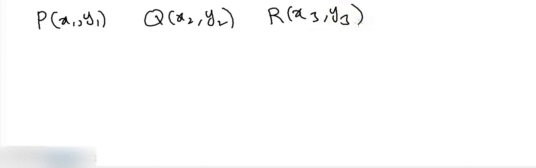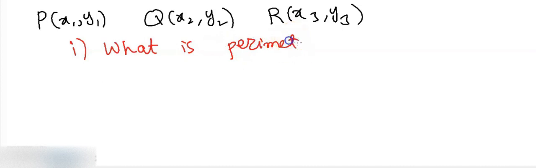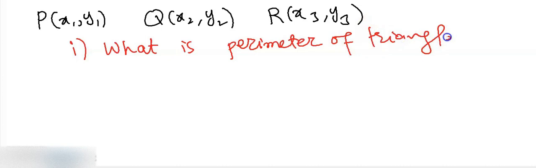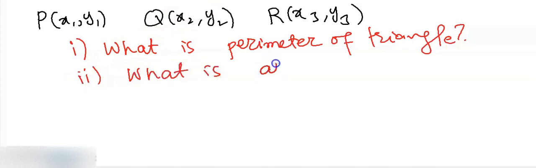Suppose these 3 points form a triangle, then we can be interested in some very interesting questions: what is the perimeter of this triangle, and we could also ask what is the area of the triangle.